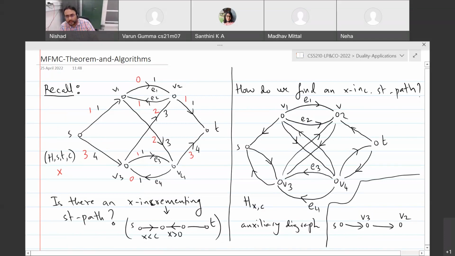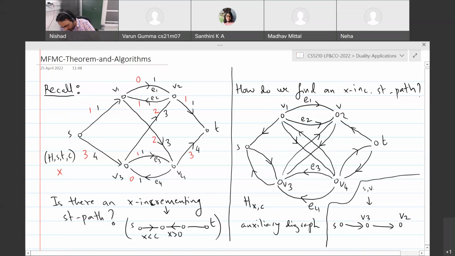And observe that at v2 we have only incoming arcs, except for the one going back to v3, which we have already visited. So using breadth first search, these are the only two vertices we can visit from s apart from s itself using s-t dipaths.